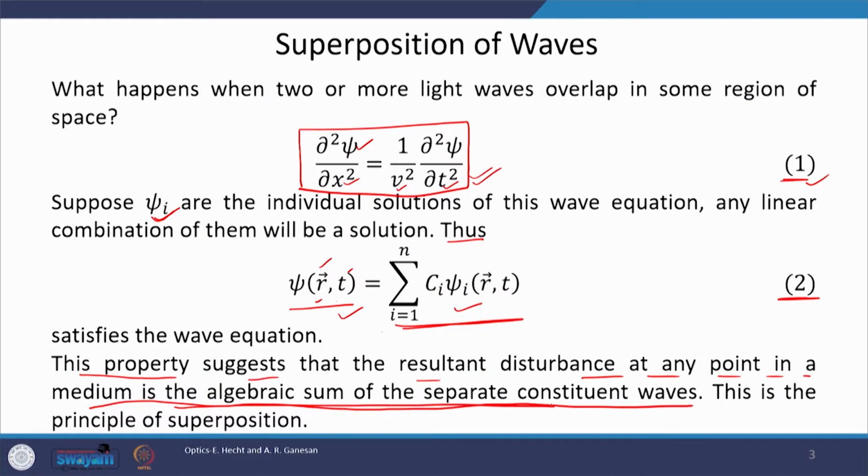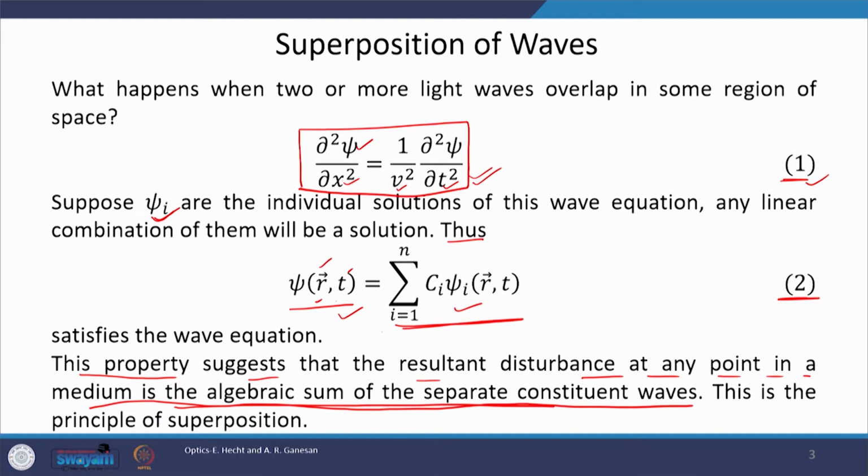And this is exactly what the principle of superposition is. If we have n number of waves which are propagating in a particular medium, and if they are overlapping in space and time both, then the resultant wave will be the algebraic sum of all these n waves.